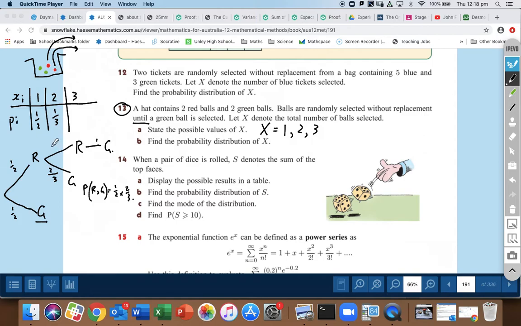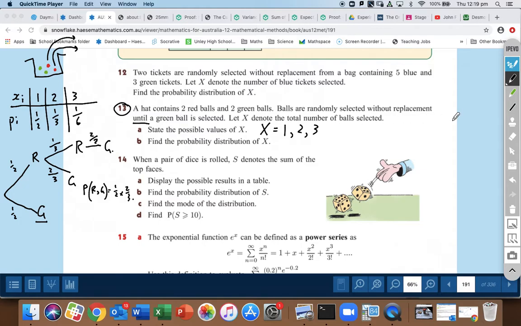All right, there's 3 balls left. Only one of them is red, right? When we get to this point, there's only 2 balls left and they're both green. So it's 2 out of 2. So along this pathway here, where we need to do 3 draws, it'll be red, red, green. It'll be 1/2 times 1/3, which is 1/6.